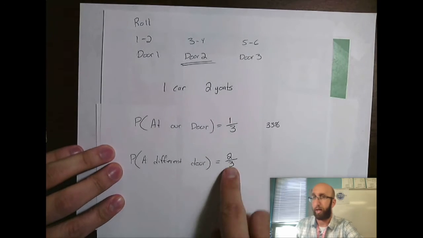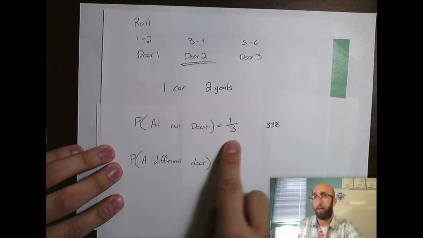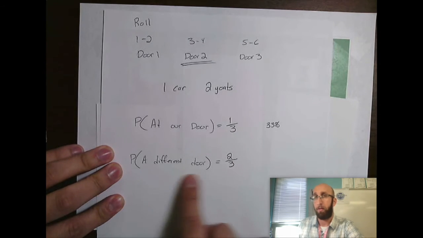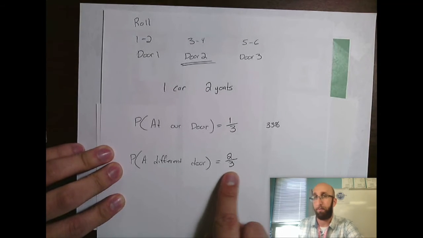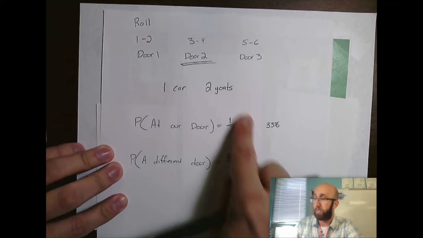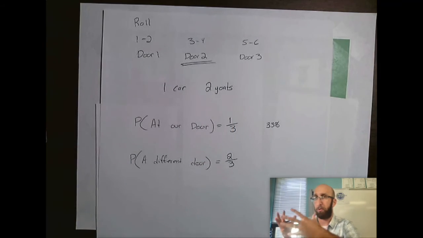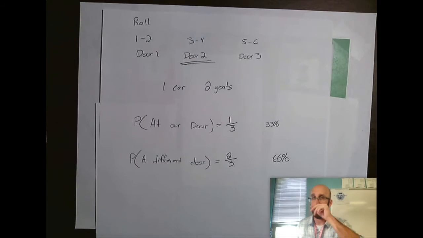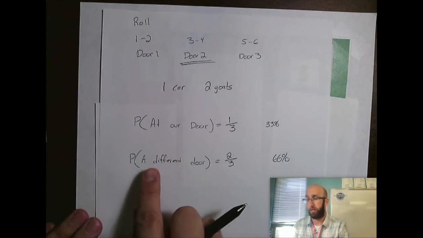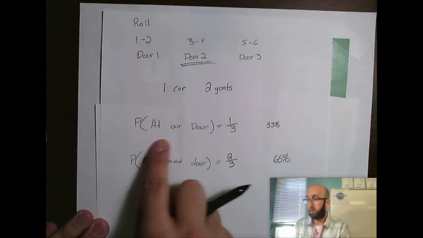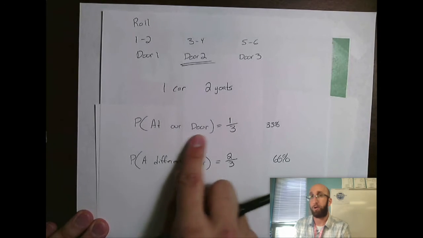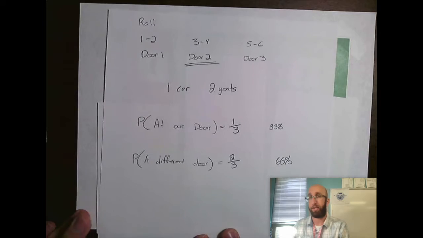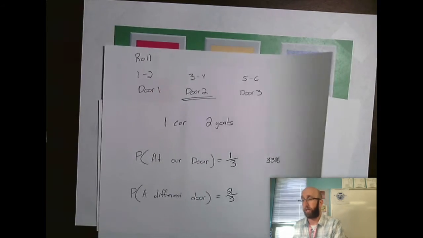These should add up to 1. So the probability that it's here is 1 out of 3. The probability that it's somewhere else, a different door, is 2 out of 3. The reason we know this is those need to add up to 1. So there is a 66% chance it's somewhere else. Notice again, I'm not saying specific doors. Probability that it's at our door is 33%. Probability that it's a different door is 66%.